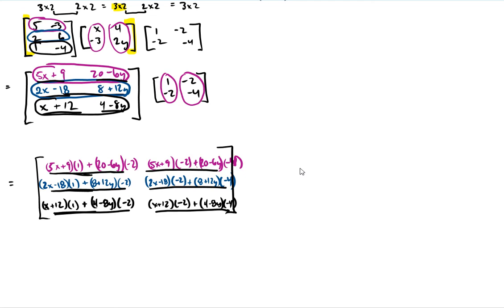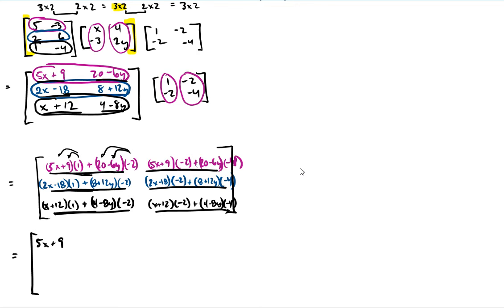Okay, so I think that just leaves us with hopefully enough room. All right, so doing it, let me just set up our first matrix bracket there. So this will distribute, so the 1 distributes, and so will the negative 2. And then after that, we'll look to simplify. So we have 5x times 1 is 5x, and then 9 times 1 would be 9.